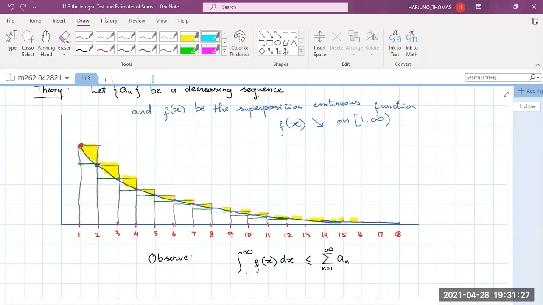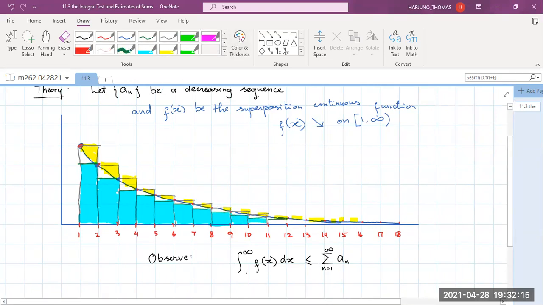So you see that this is the area that represents the second term, the height of A2, right? This is the area that represents the third term, the fourth term, the fifth term, the sixth term, seventh term, and on. And notice that this blue shaded region is always below the curve.